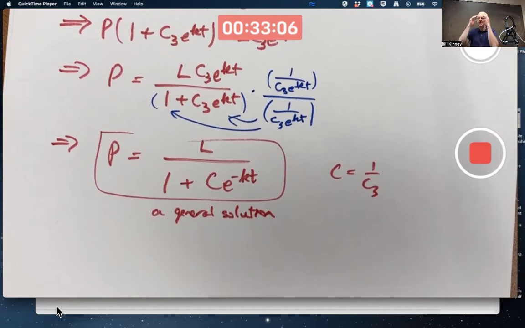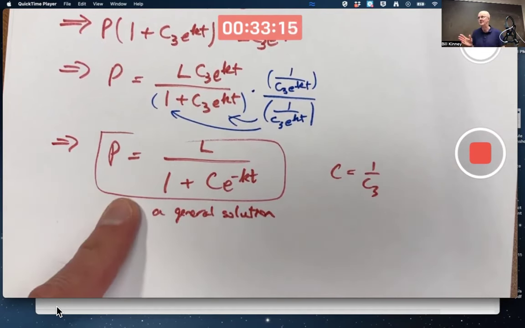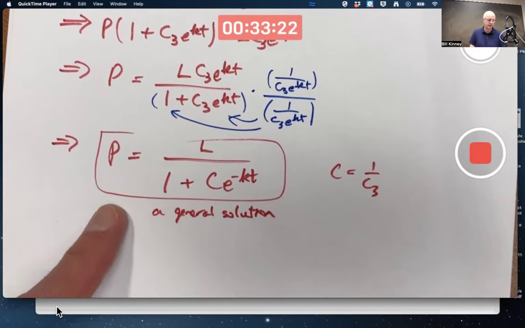Because what's the most ideal situation for a general solution? There should be 2 things that happen. First thing is it should be a solution no matter what C is. This will satisfy that for sure. We'll check it here in a minute. Secondly, any solution should be able to be written this way. It does not quite satisfy that.